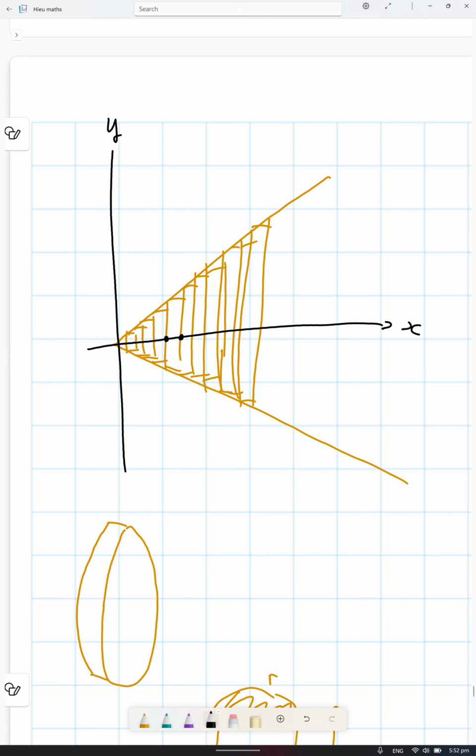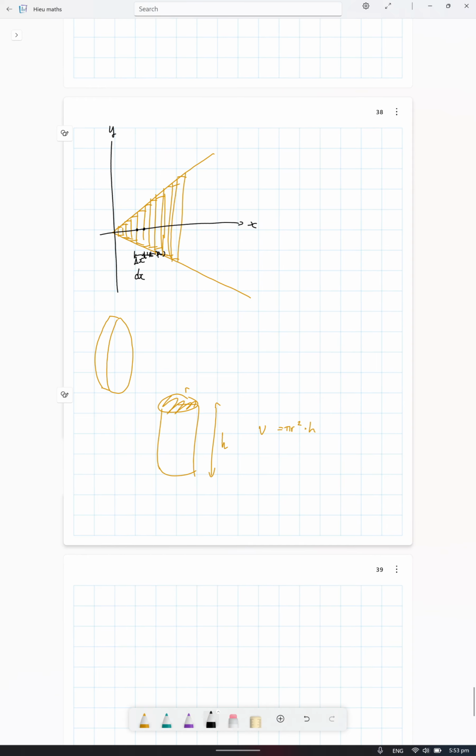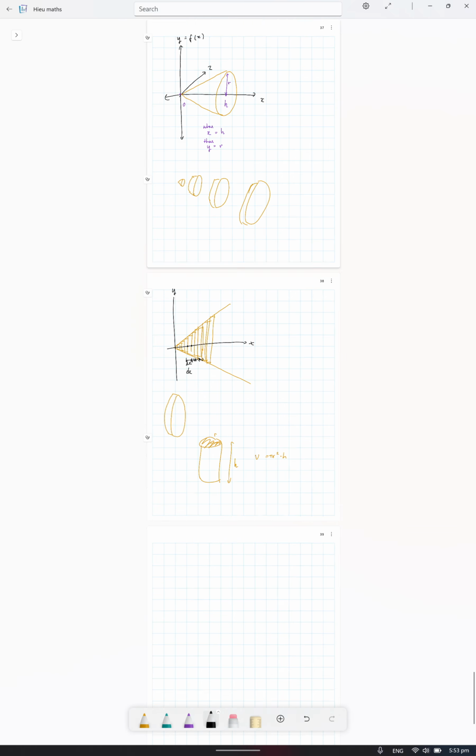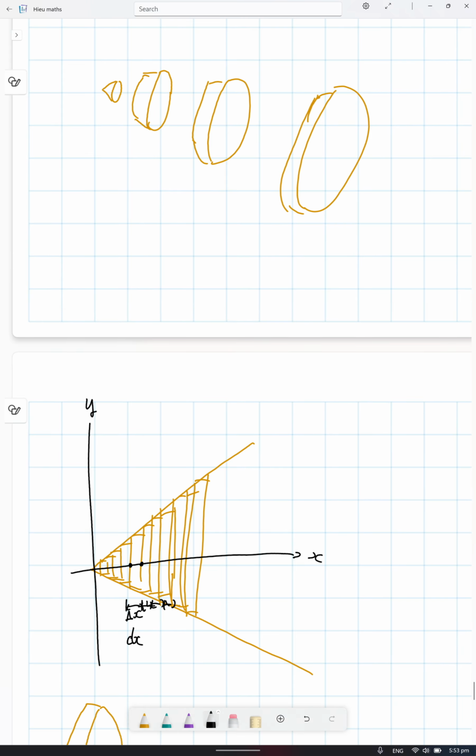When we split it up, this length is delta x, or called dx. And this is the same equal length across all these slices. These are just dx's. And so this cone is just made of cylinders that are multiplied by dx.